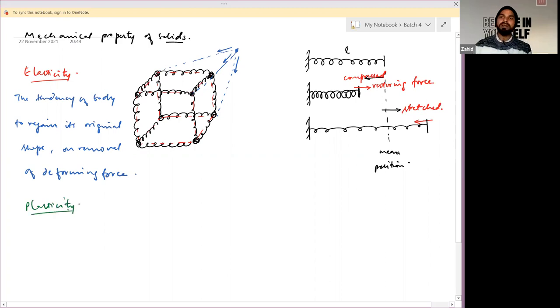It means the inability of a body to regain its original shape on removal of the deforming force is termed plasticity.